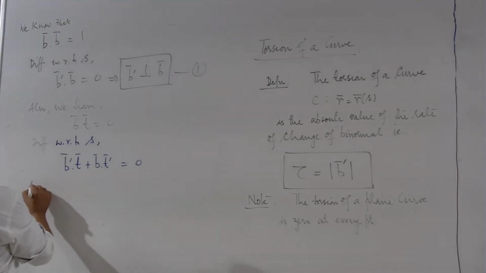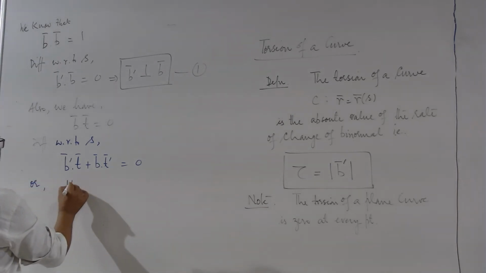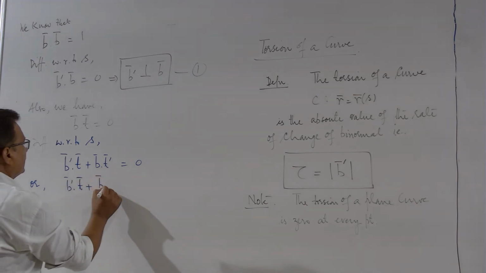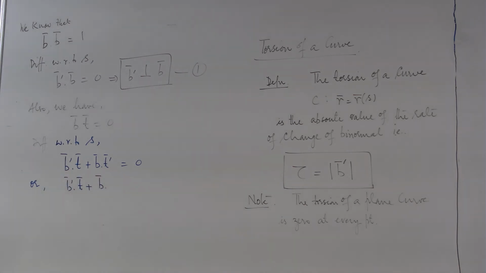We know t dash is r double dash and r double dash is k n.